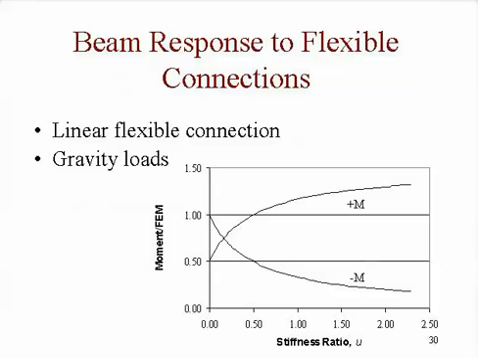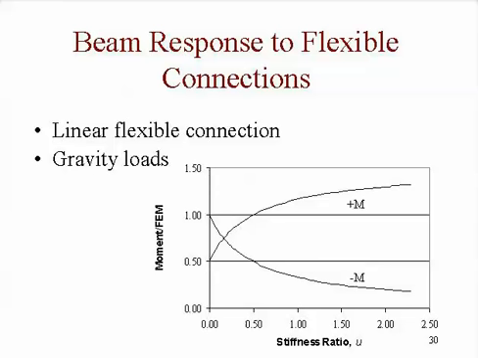looking at a linear connection and gravity loads, in this case, the uniform load on the beam, you see that the connection moment, or the negative moment, starts out when the stiffness ratio U is 0. We start out with 1, which is the moment over the fixed end moment.